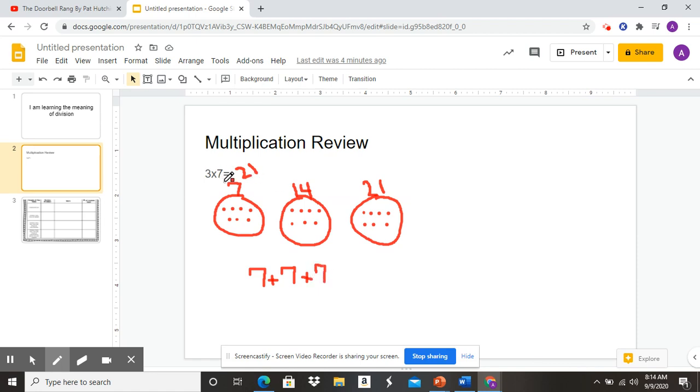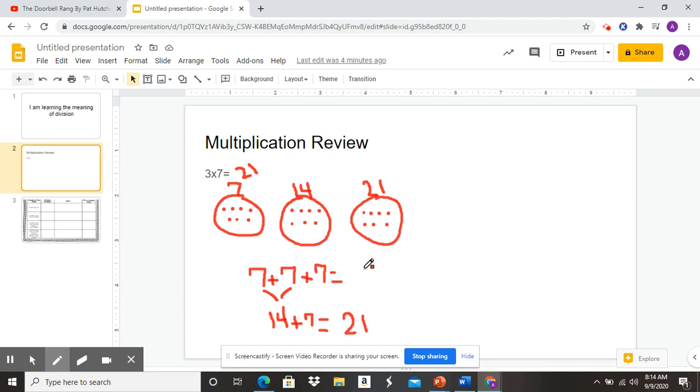So if I wanted to solve 3 times 7 with repeated addition, I would just add 7 3 times. So 7 plus 7 is 14, plus my 7 more is going to give me 21. So my product stays the same regardless of what strategy I used, okay?